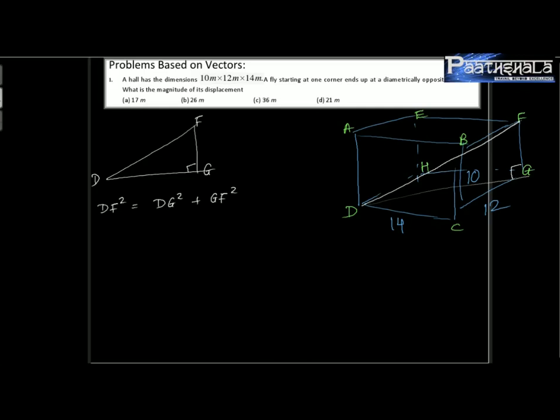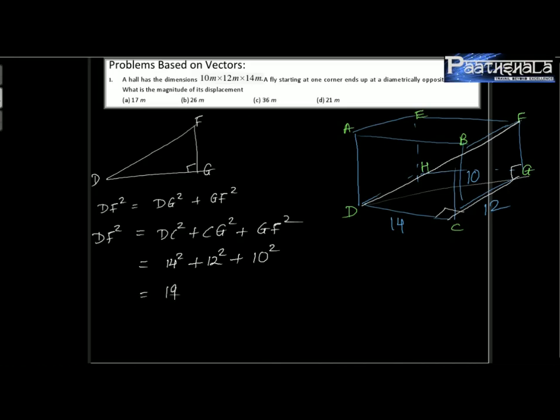But DG square itself happens to be a part of another right angle triangle, namely DGC. So DG square is also equal to DC square plus CG square. So simply speaking, DF square is equal to 14 square plus 12 square plus 10 square.